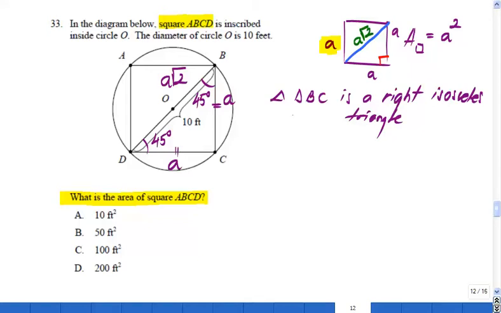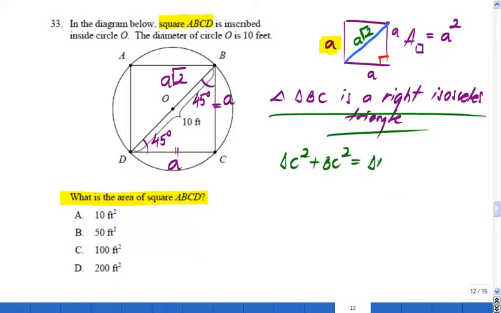How is that so? Well, remember Pythagoras' theorem. A squared plus B squared equals C squared, where A and B are nothing else but the shorter legs. Well, for this right triangle DBC in the given figure, I can tell you that DC squared plus BC squared equals DB squared, right?